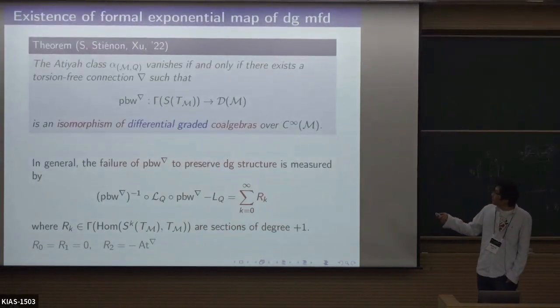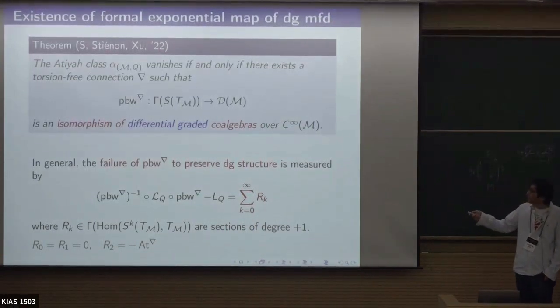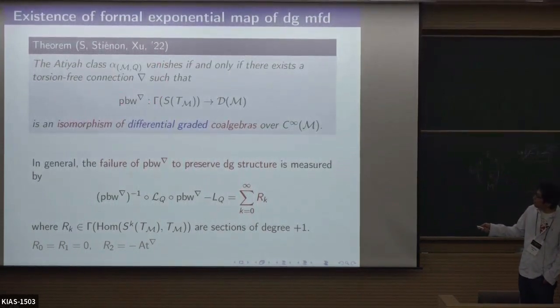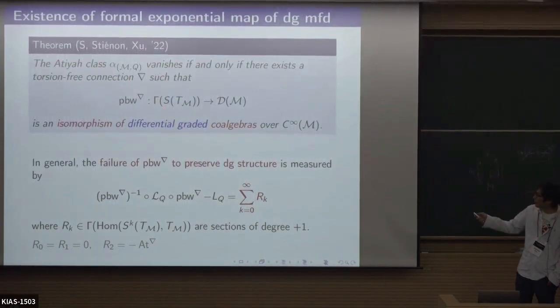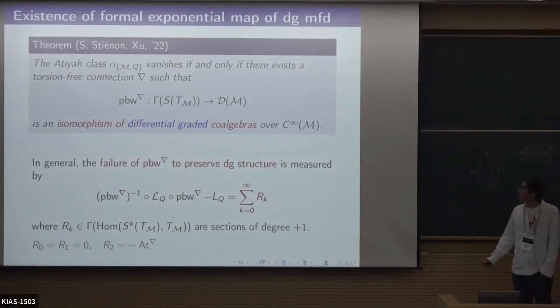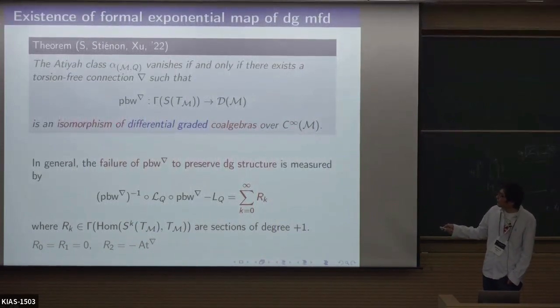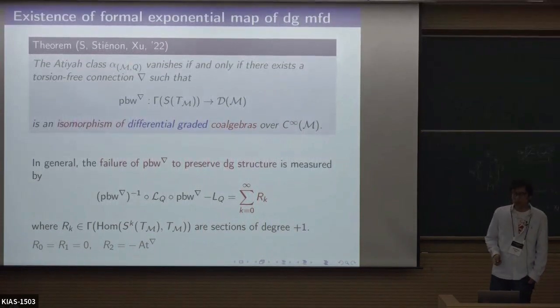And the answer is one of my results with my two advisors, Dinan and Shu: the Atiyah class vanishing is exactly the same thing as PBW preserving the Lie derivatives. So I should have Lie derivatives here, Lie derivatives here. So it's an isomorphism of differential graded coalgebra over C infinity M when the Atiyah class of this manifold is zero.